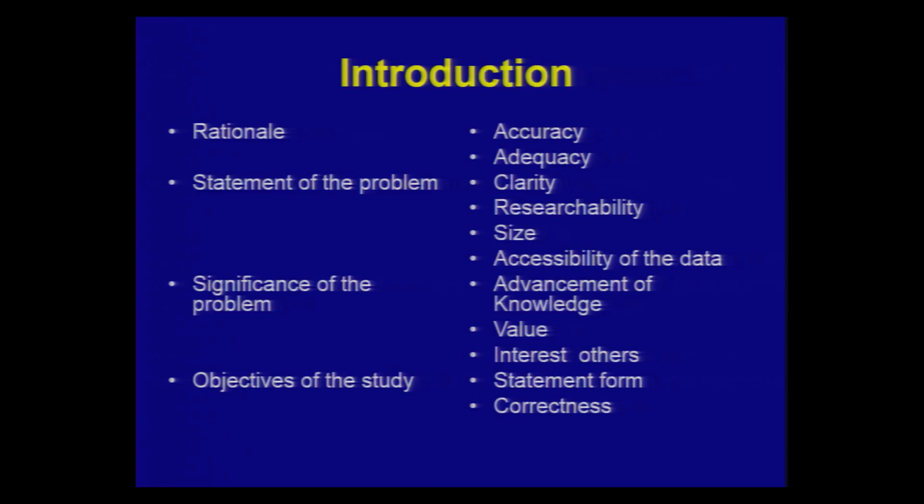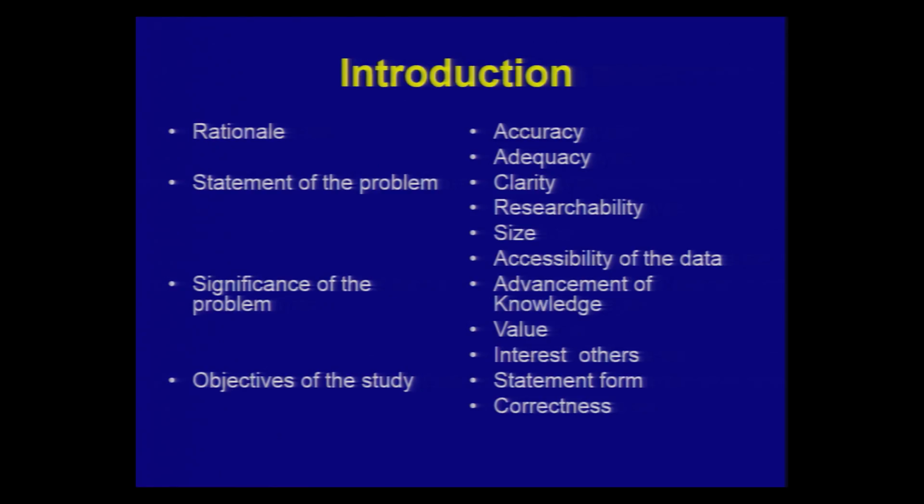Then one could think of what value the research which has been undertaken has for the researcher himself, for the funding agency, or for the other stakeholders in the system. So whether it is going to benefit the researcher, benefit the administrator, benefit the teacher in the classroom, benefit the regulatory agency in general, or will the study be relevant or of value to other people who are not directly involved in the process of managing the system or undertaking the related activities.